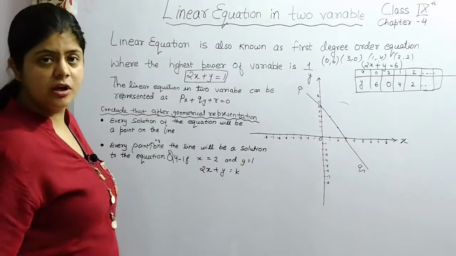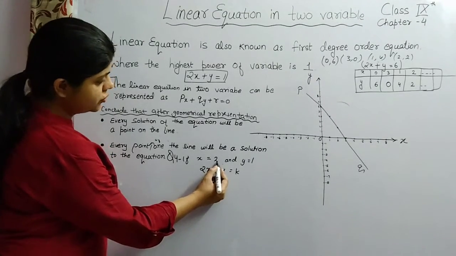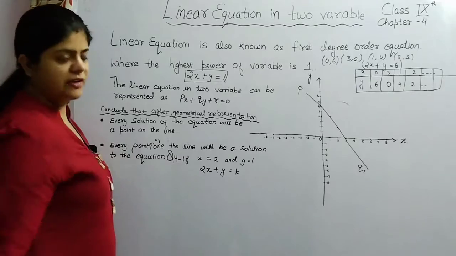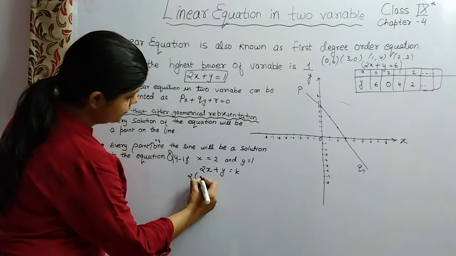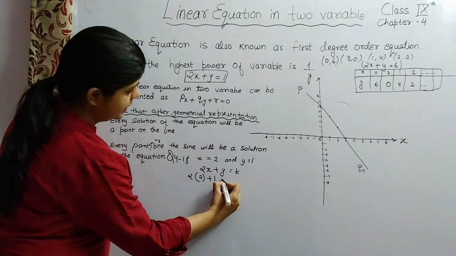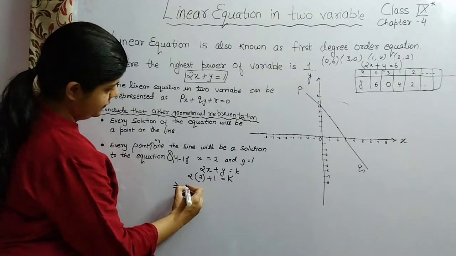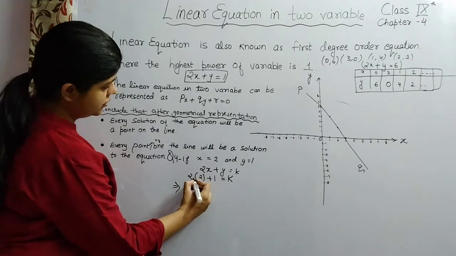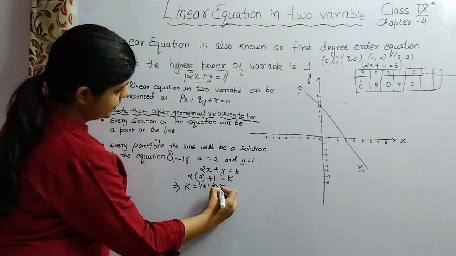Now we are going to solve this question where the value of x is equal to 2 and y is equal to 1. We put these values in this equation: 2 times 2 plus 1 is equal to k. Now the value of k is equal to 2 twos are 4 plus 1 is 5.